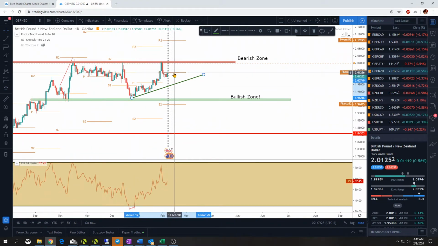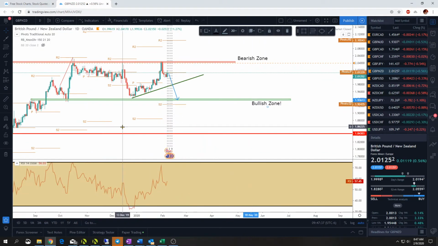So now that it's hit the pivot, it releases its duty, and now we want to see what we get. It could be a great sell trade down to this bullish zone here. However, we want to see what it does at this trend line. We have quite a bit of fundamentals. We've double topped on RSI.